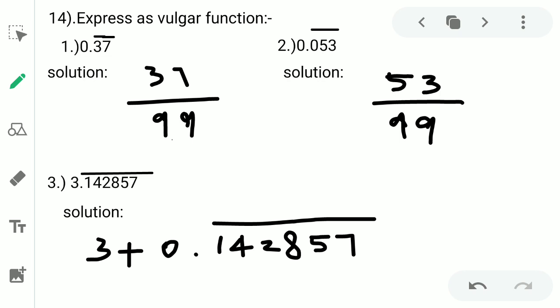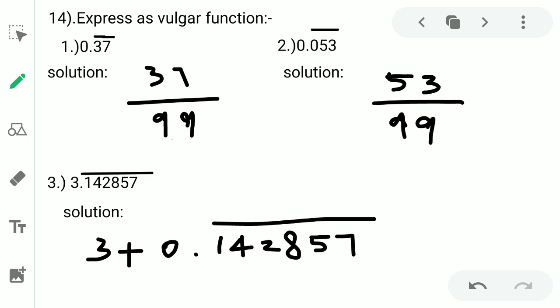Moving to the 14th question, expressed as vulgar fraction. As I said in the concept, you have to remember this: pure recurring decimal into vulgar fraction. The same concept comes here. In this question, first one 0.37.